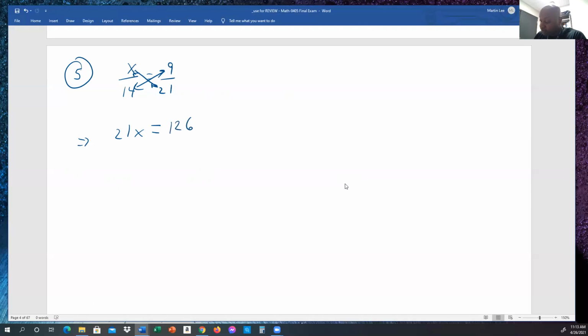And now divide both sides by 21. So I get x is equal to 126 divided by 21, which equals 6.